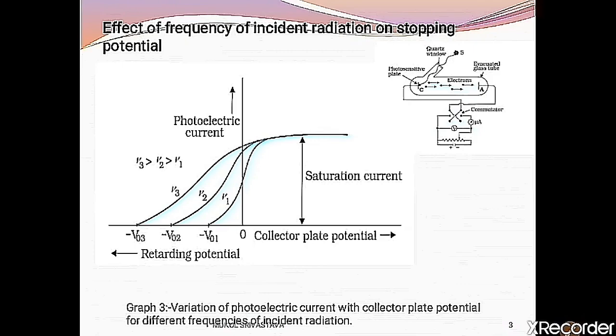We obtain different values of stopping potential but the same value of saturation current for incident radiation of different frequency. The energy of the emitted electron depends on the frequency of the incident radiation. The stopping potential is more negative for higher frequencies.